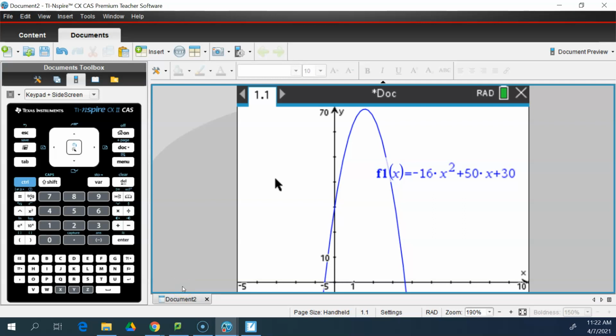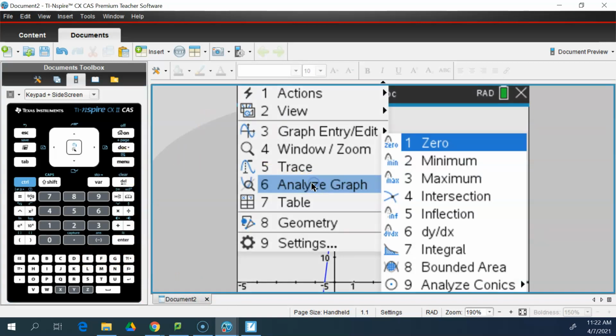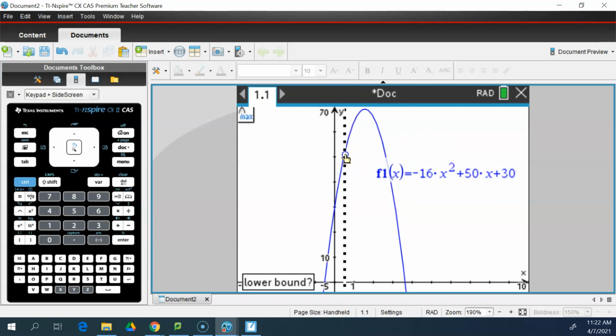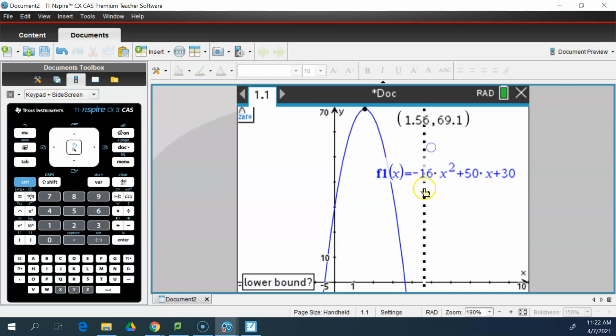So we can find certain things out about this one, and this is the nice thing about using a graphing utility. For instance, I can analyze this graph for its maximum point. So the maximum height of this ball is 69.1 feet. I can find a zero.